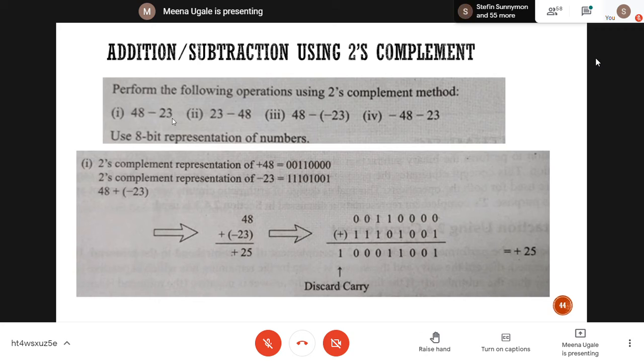The first one I hope all are getting. This is the answer for the first case I have posted here. Then we will go for the second one, 23 minus 48. The answer is 25 only, but now you should get minus 25.